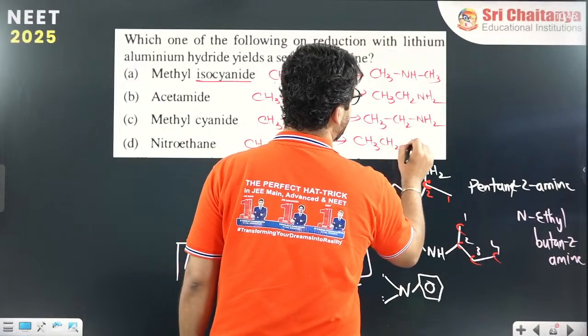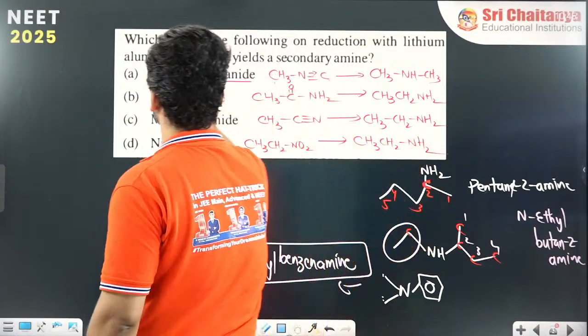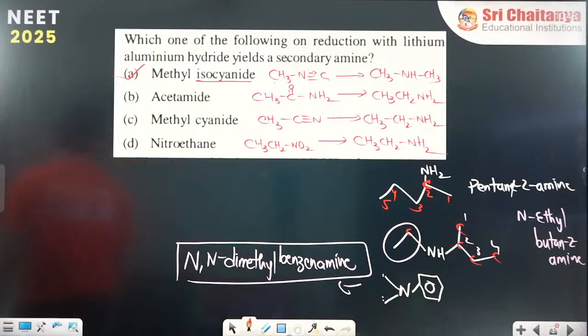So these are all giving you primary amine. Only the first one is giving you secondary amine. Okay, quickly write it down. Then we'll move on to the next one.